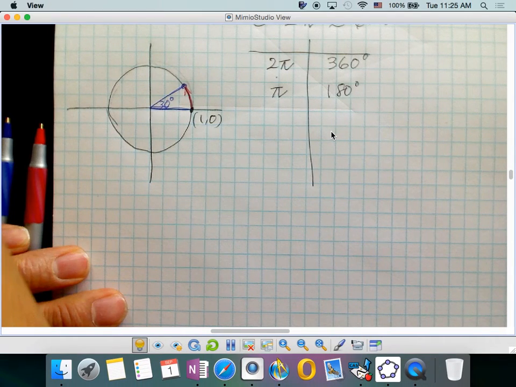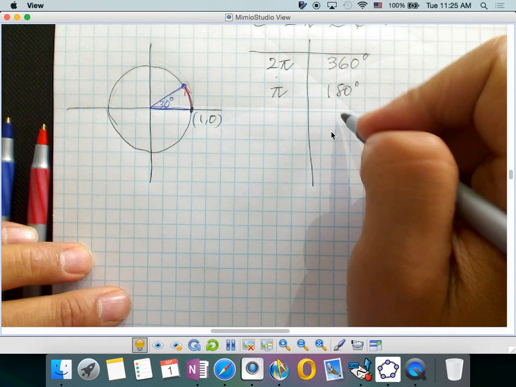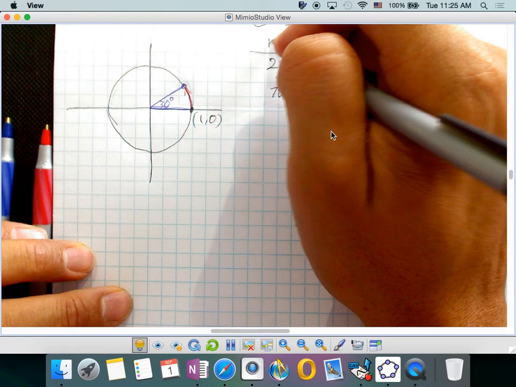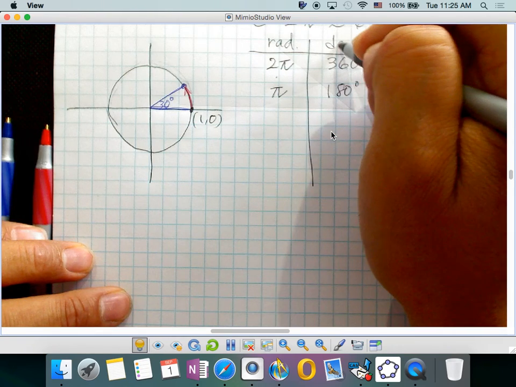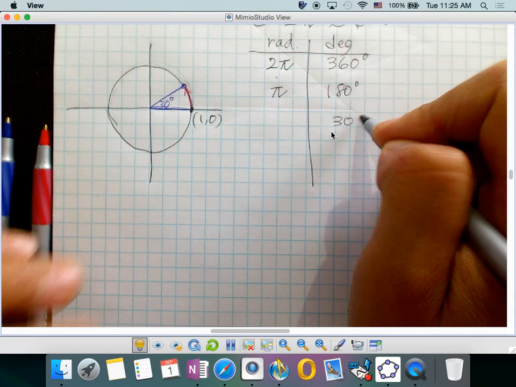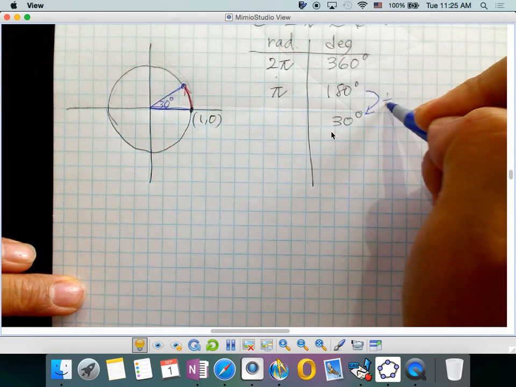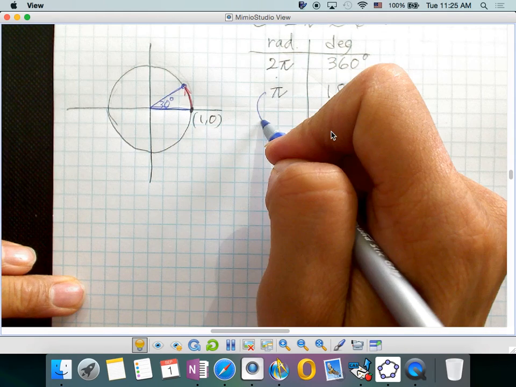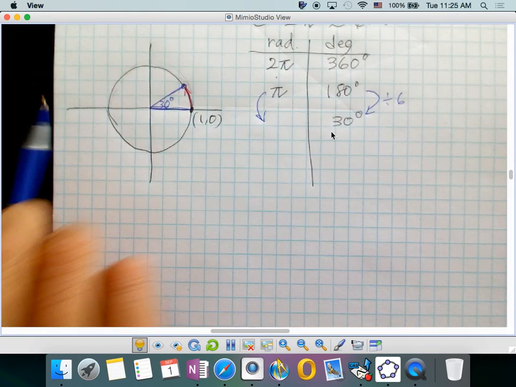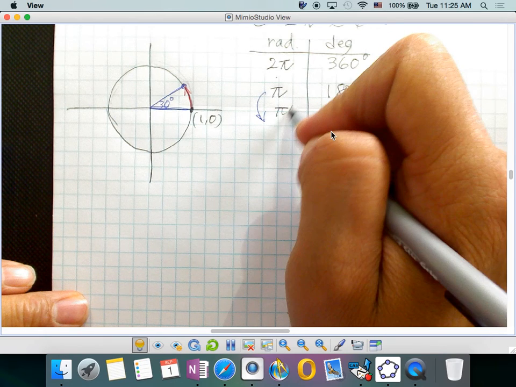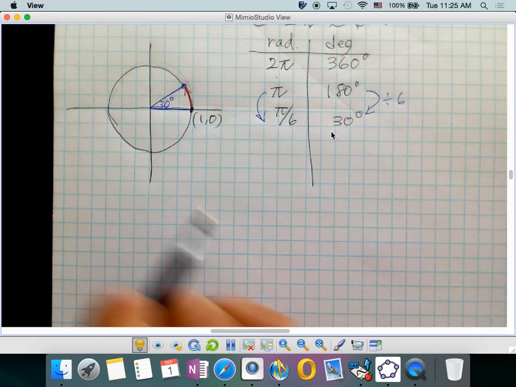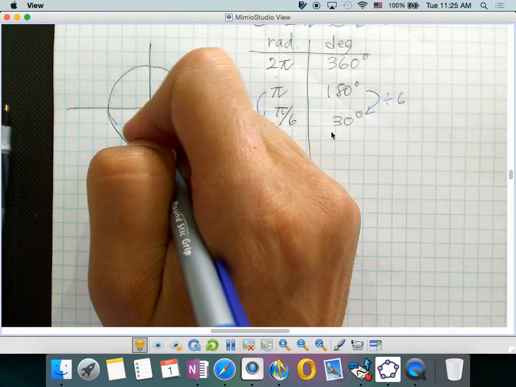And then if you go 30 degrees, what would be the radian? From 180 to 30 degrees, I divided by 6. So you do the same for pi: pi divided by 6 will be pi over 6.